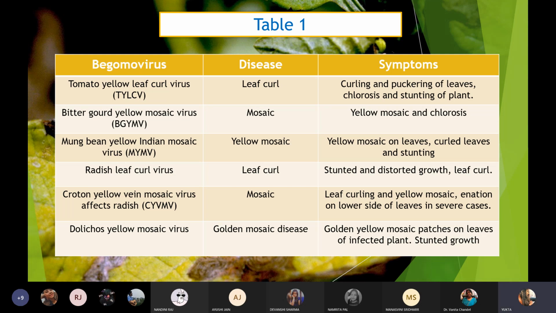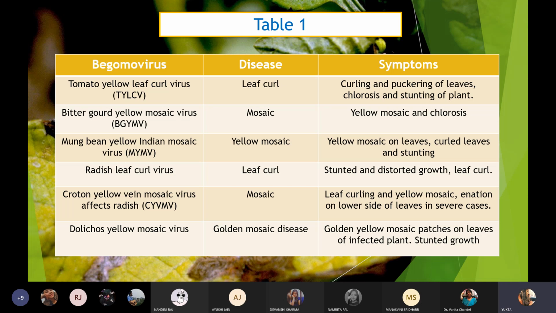Next is Croton yellow vein mosaic virus. It also affects radish, like radish leaf curl, but it causes mosaic in the plant. The symptoms also include leaf curling, yellow mosaic, and enations on the lower side of the leaves if the cases are severe.